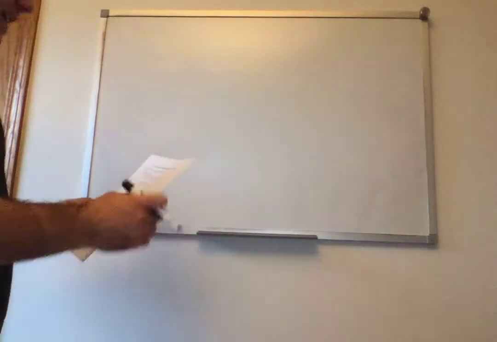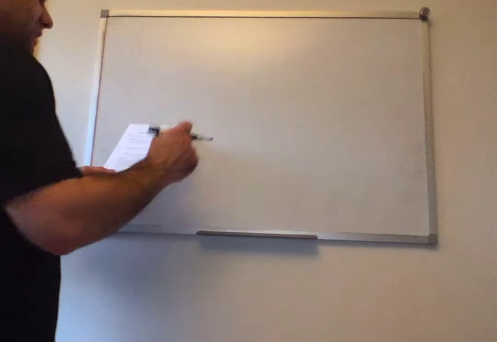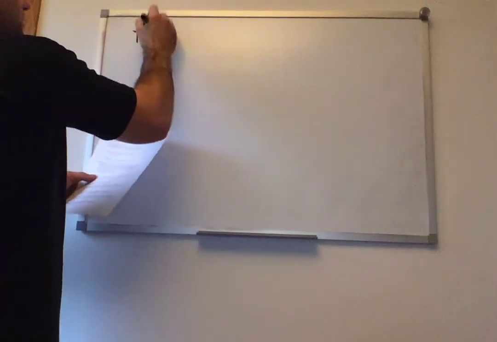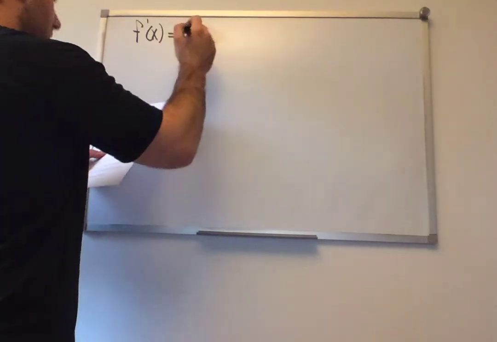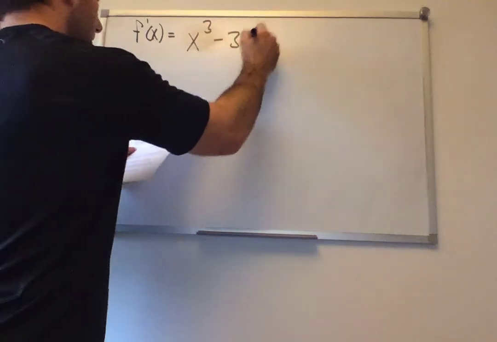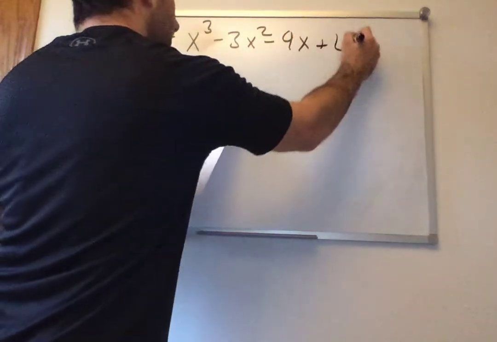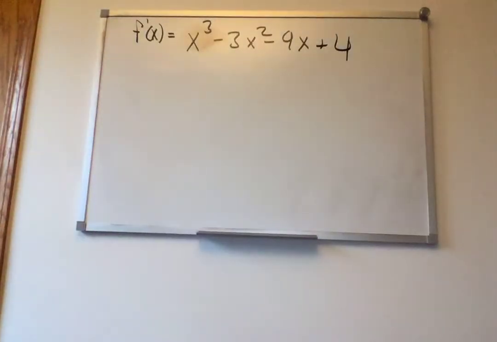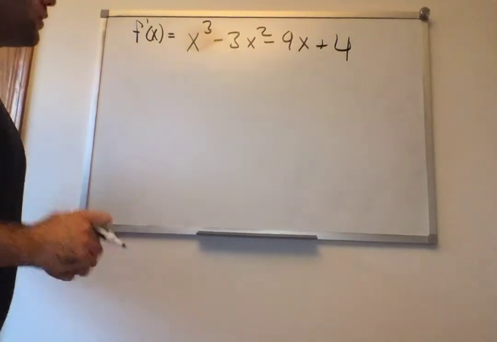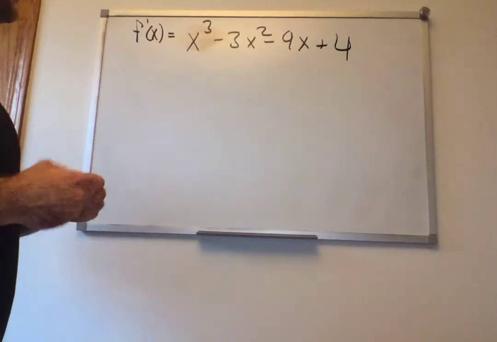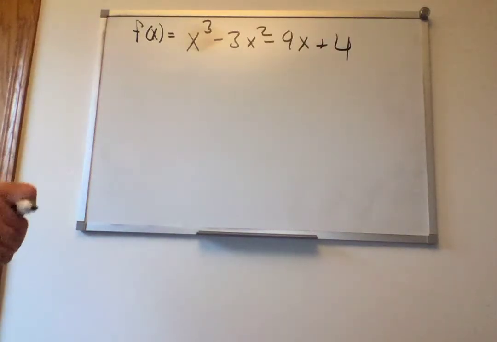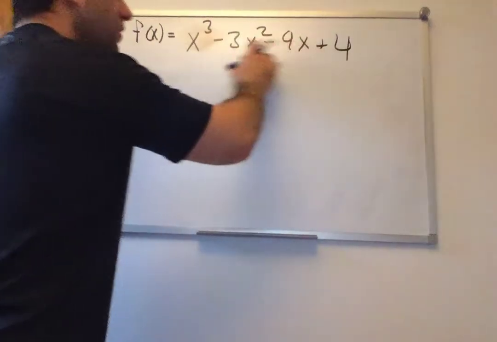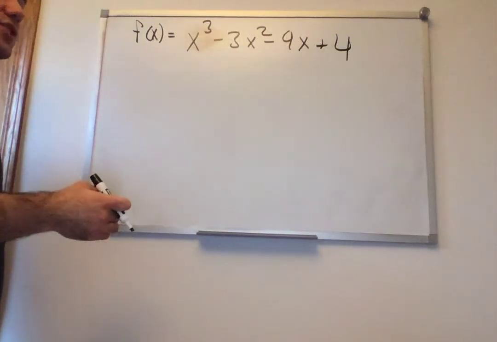So let's look at an example. Find the intervals where the function is increasing and where it's decreasing. And here's our function. f of x equals x cubed minus 3x squared minus 9x plus 4. So we want to know where this function is increasing and where the function is decreasing.